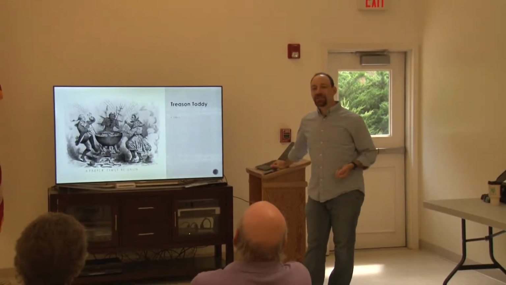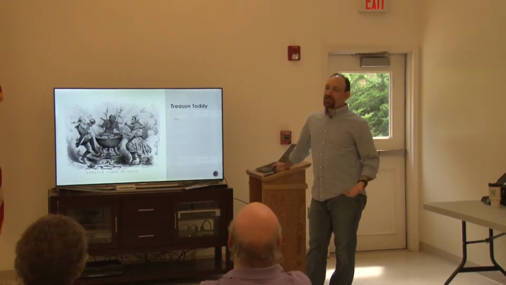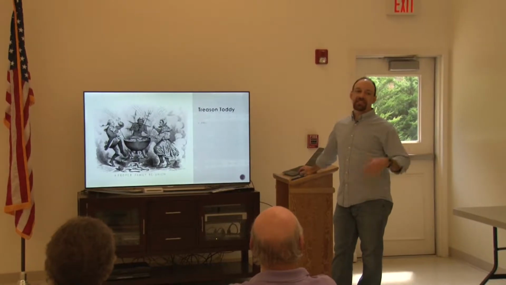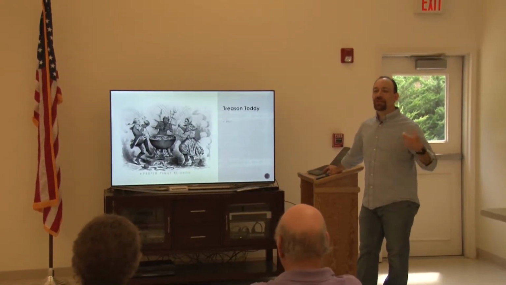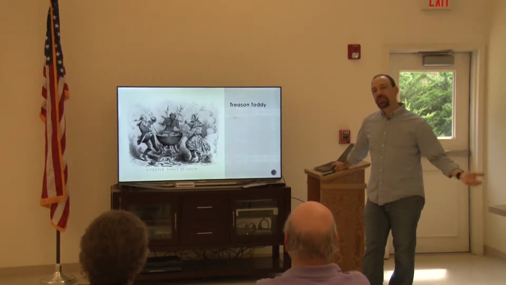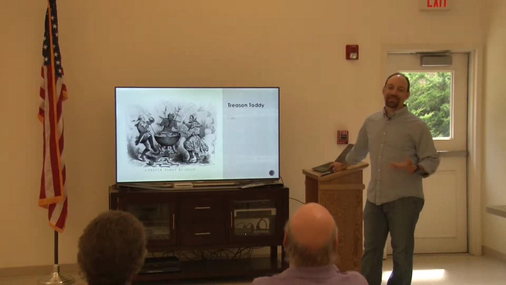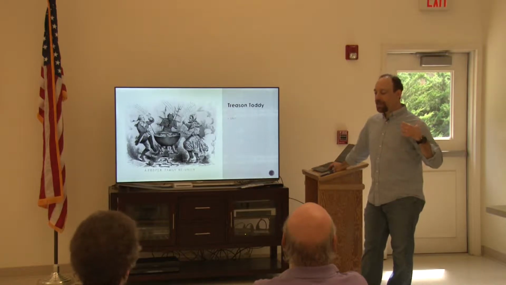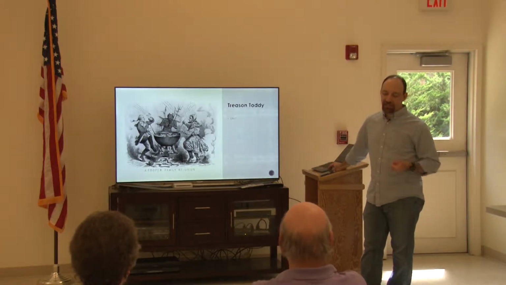Now, the period after the Civil War is a period of tremendous social and political change in the United States. On the one hand, you have Reconstruction, where the federal government tries to remake the southern states, rebuild the southern states, reconfigure the politics of the South, and really of the nation as a whole.